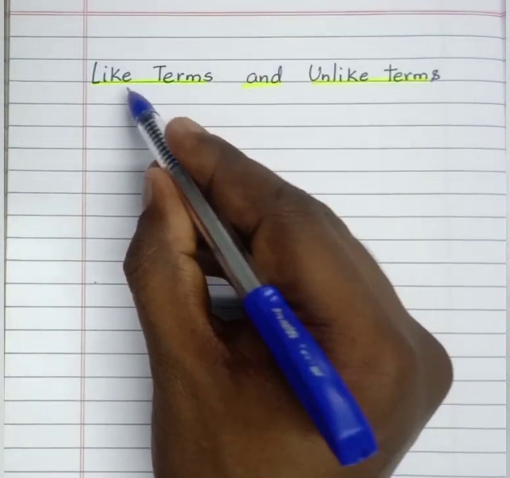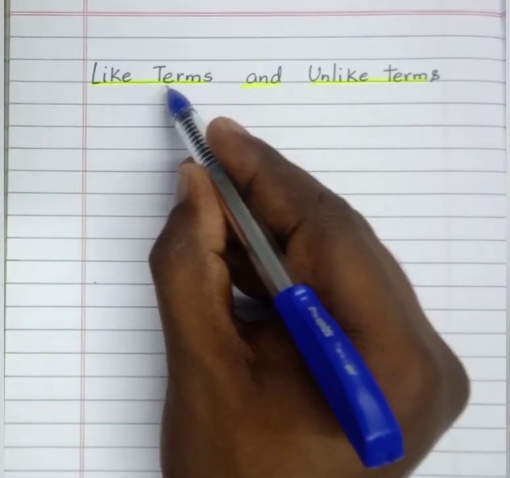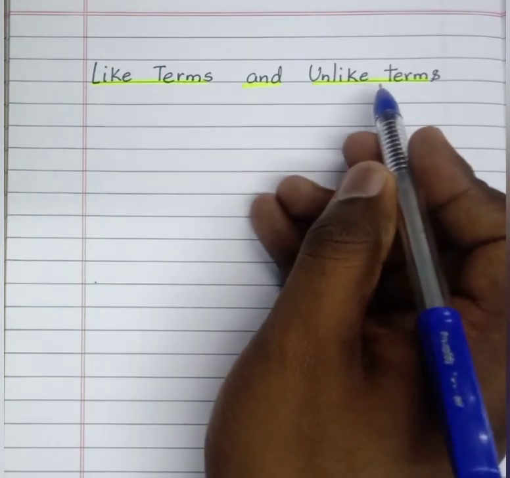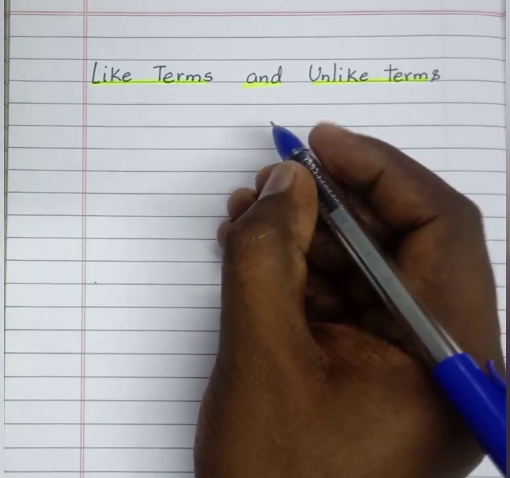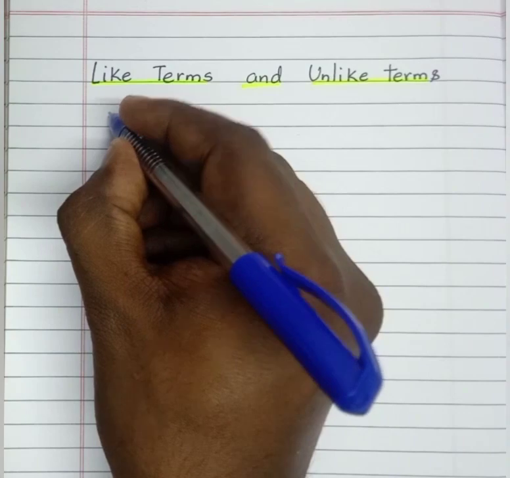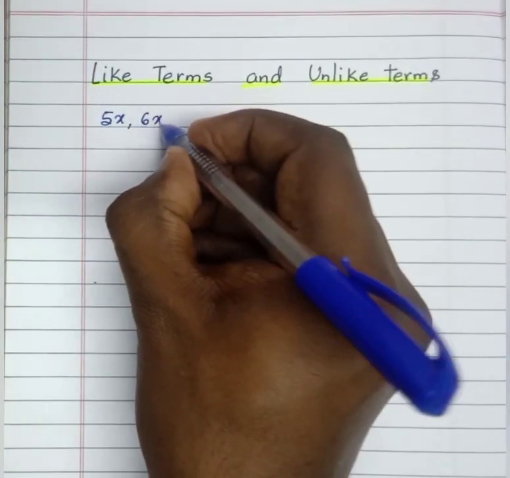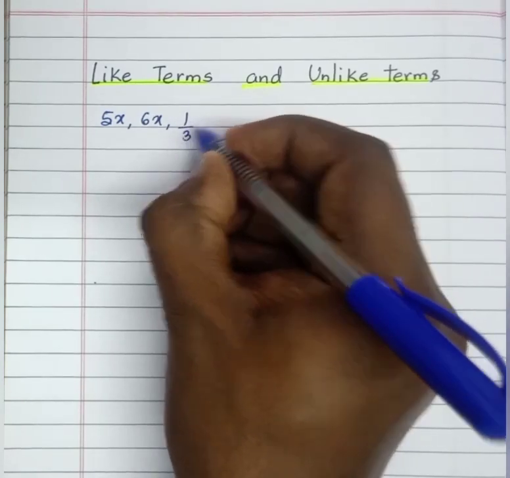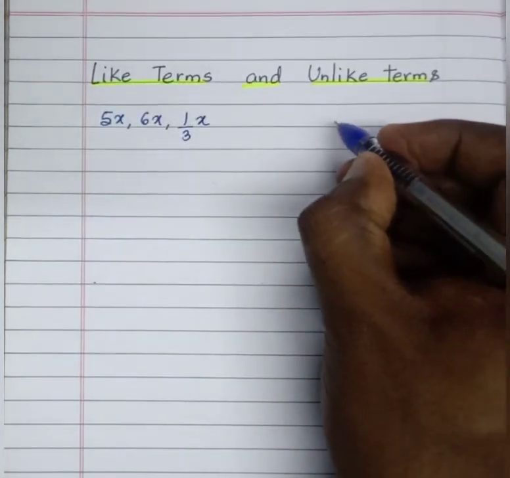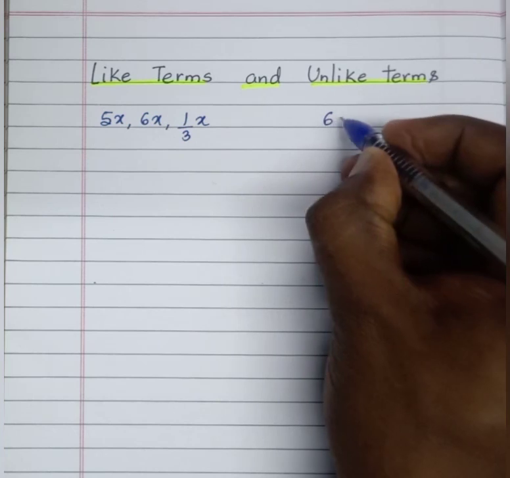Now we shall understand an important concept again: like terms and unlike terms. Before that, let me write examples for like terms and unlike terms. Then we'll understand this. 5x, 6x, 1 by 3x.